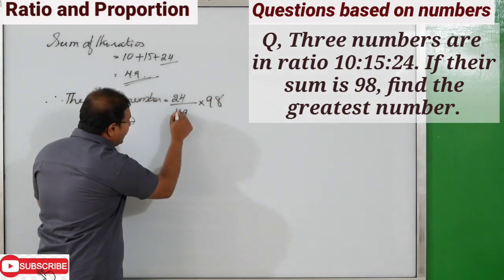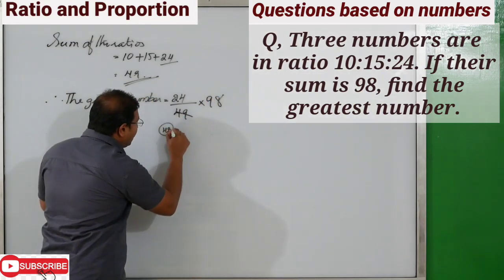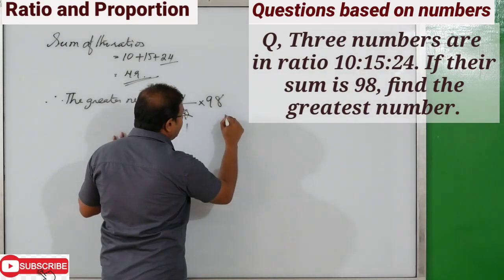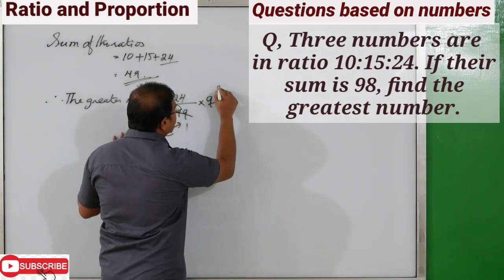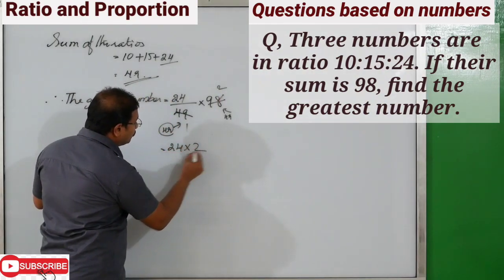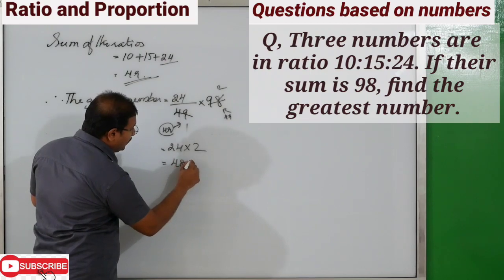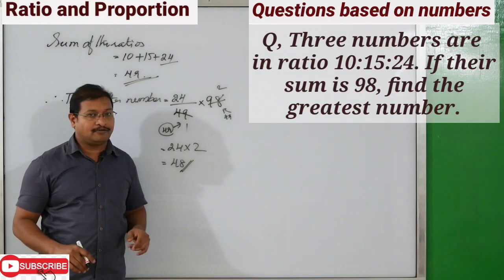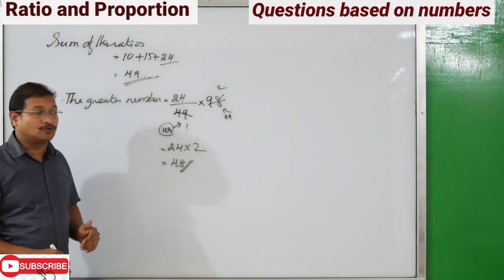Ready? Now I am cancelling by 49. 49 ones are 49. 49 twos are 98. That means we got 24 into 2. What will you get? 48. So the greater number is 48. Ready? Let's go to the next question.